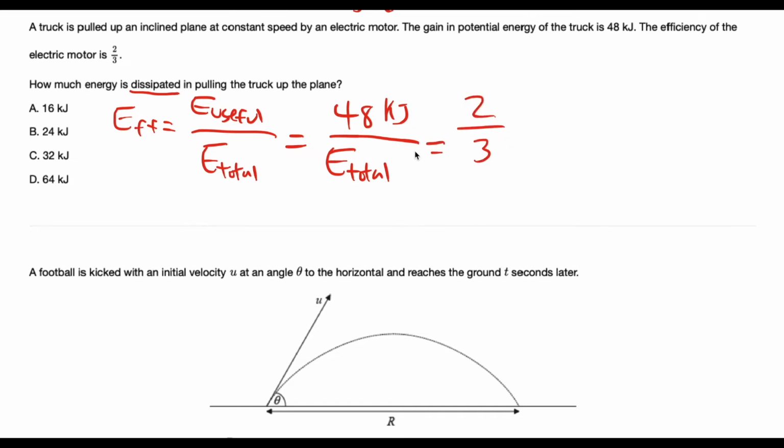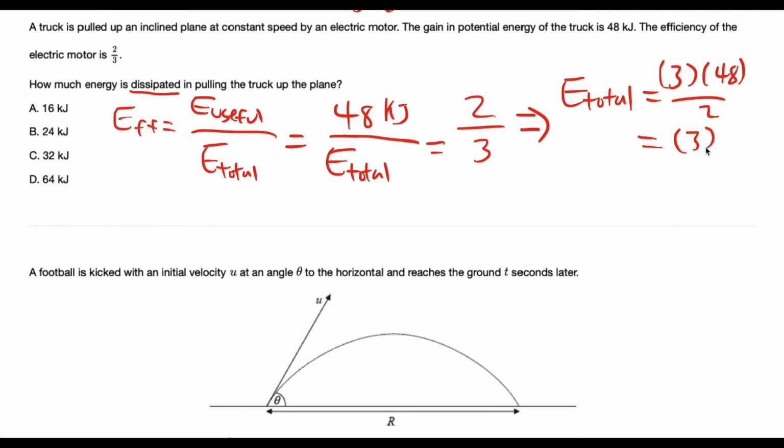So from this we can calculate the total energy, right? The total energy is going to be equal to 3 times 48 divided by 2, which is equal to 3 times 24, which is equal to 72 kilojoules.